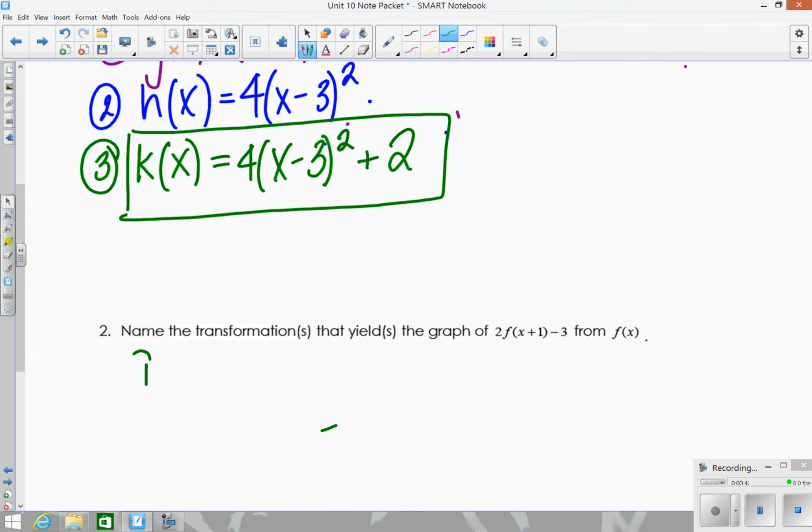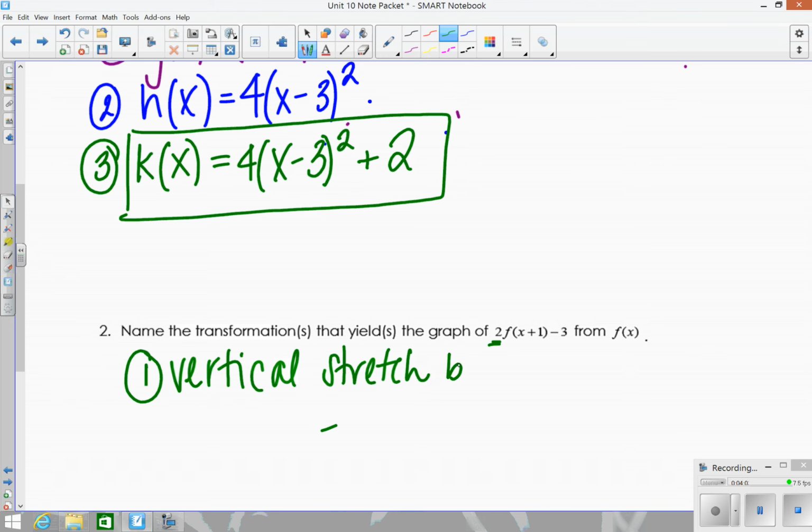So basically, when I look at this, the first thing I need to worry about is that 2. So since I have a 2 out in front, that means it's going to be a vertical stretch because we're multiplying by a factor of 2. And then I look at the next thing.